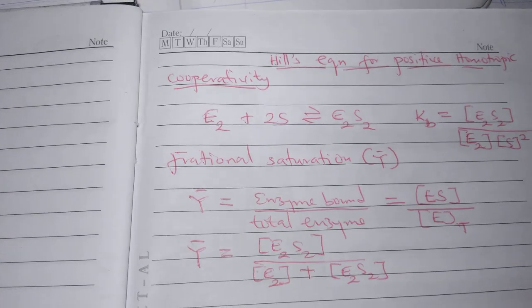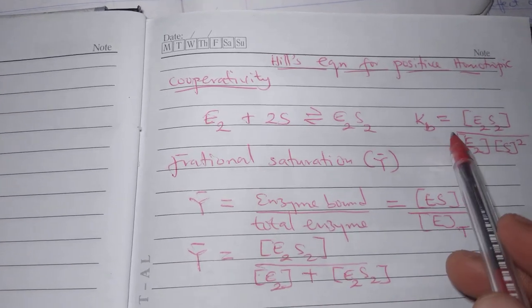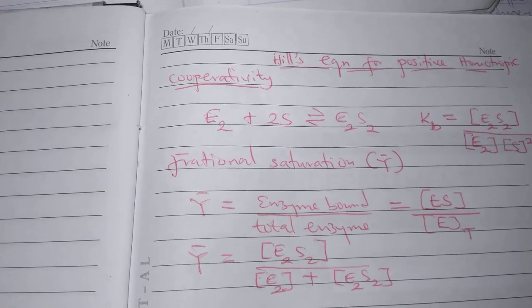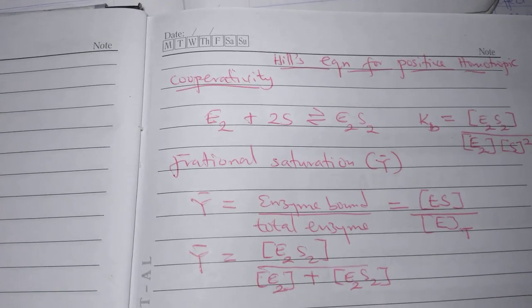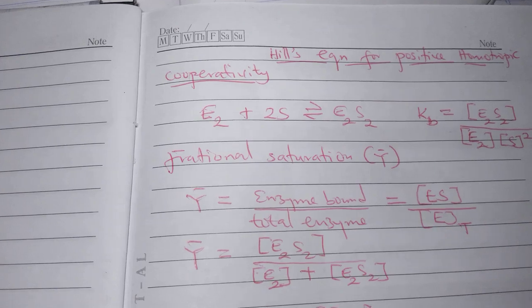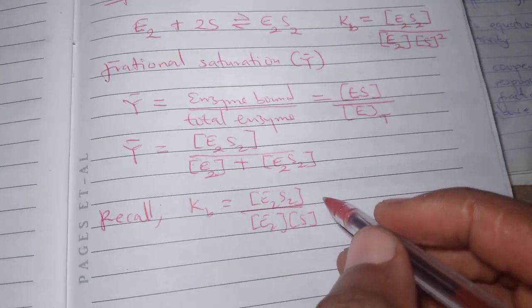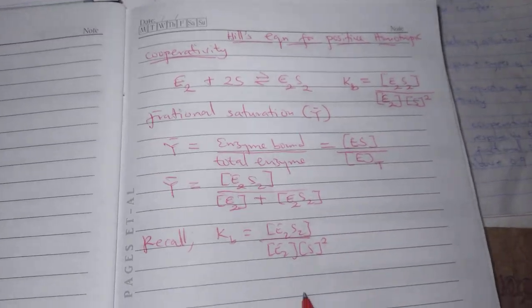Now recall our KB was given as E2S2 over E2 S squared. This was our KB.